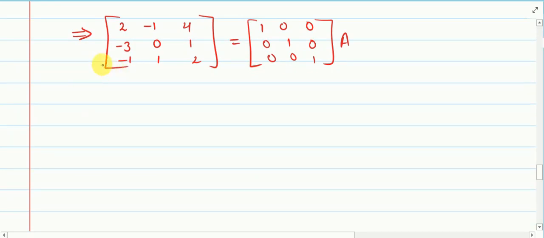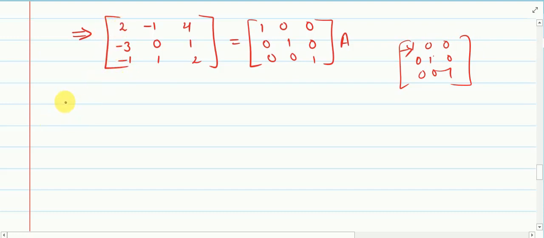Now here on the left hand side I want this identity matrix. That means in the first row I want 1 0 0, so it would be better to take this third row to the first row.